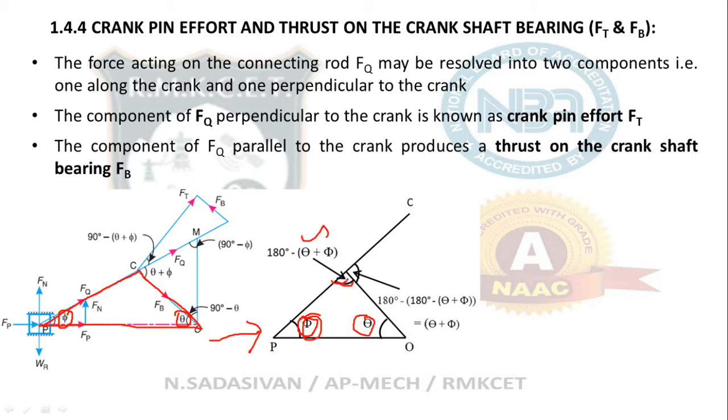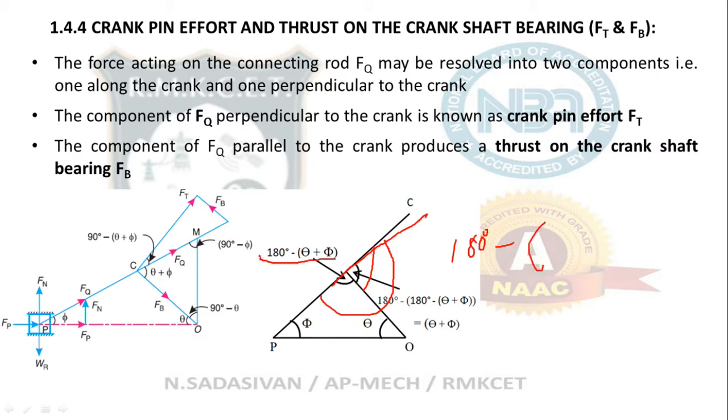That is the subtended angle here. That is very easy to understand. Now I am going to extend this line further. What is this angle? This is 180 degrees, correct? Therefore the remaining angle here is 180 minus this entire thing, 180 minus (theta plus phi). So that's what is already written here.